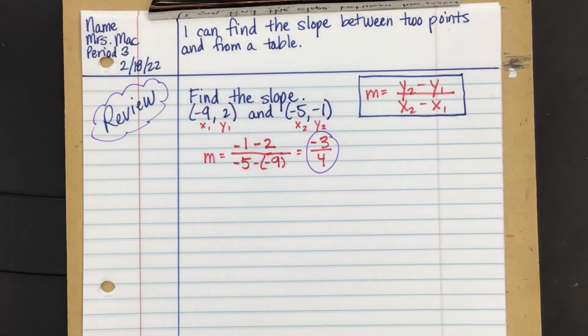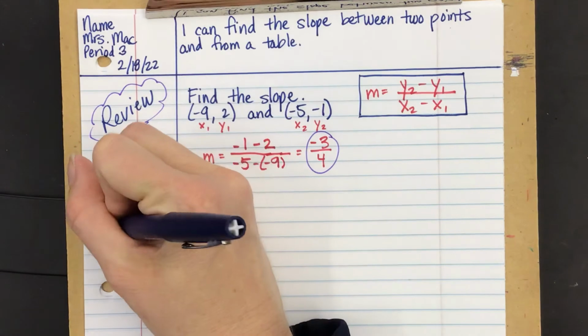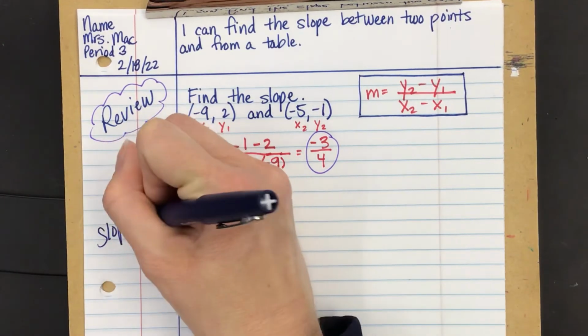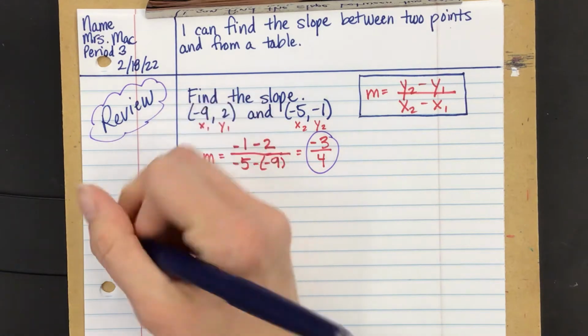Okay. So let's build off of this idea now and see how to find the slope if you're given a table. I will show you, and then I'll show you a little bit of a shortcut to help with it as well.